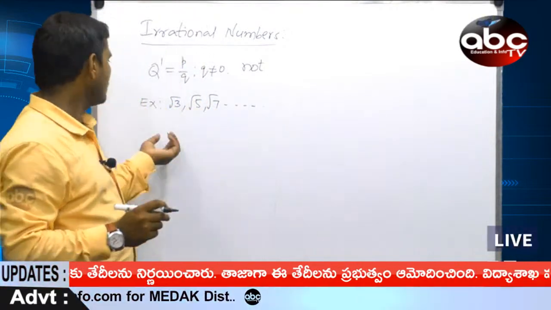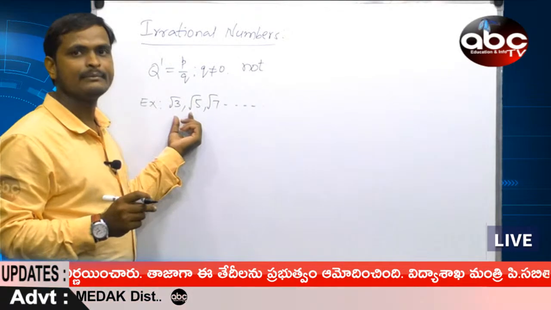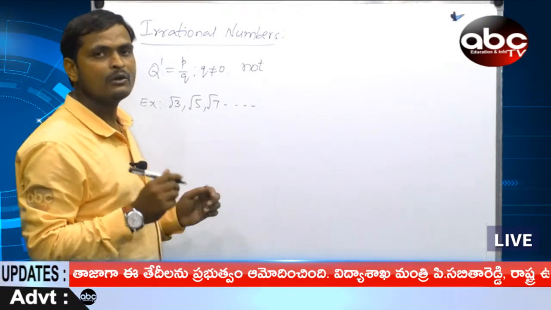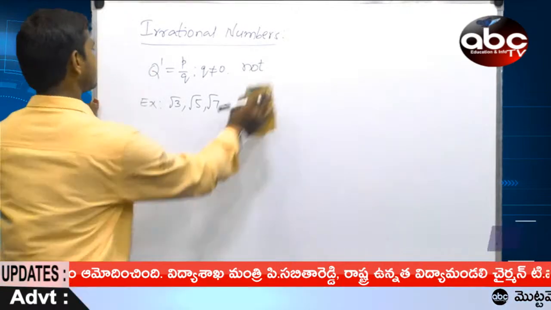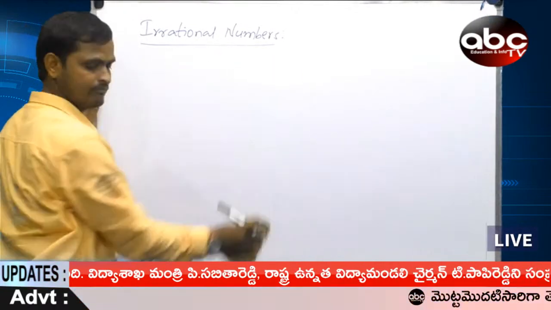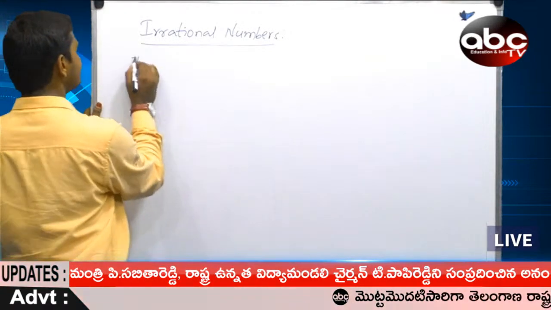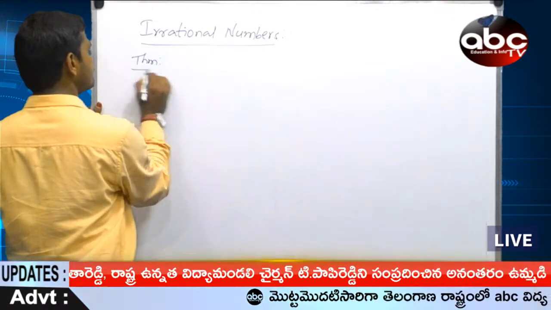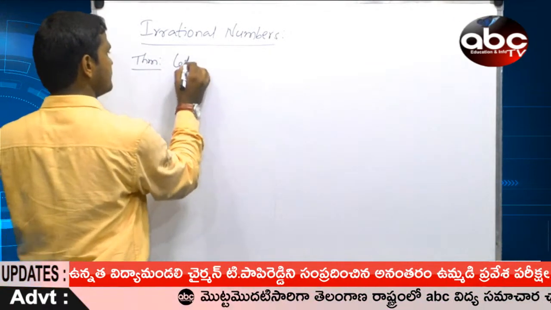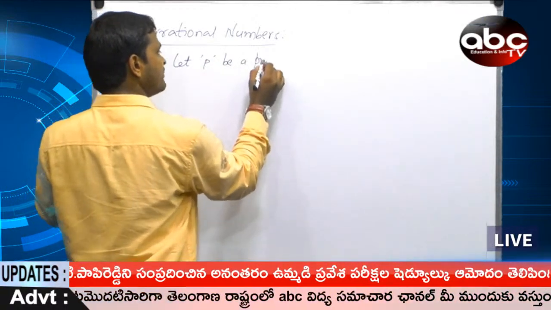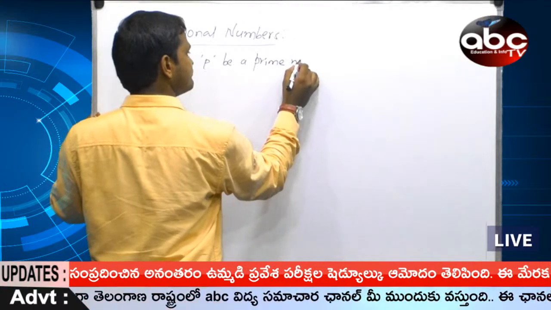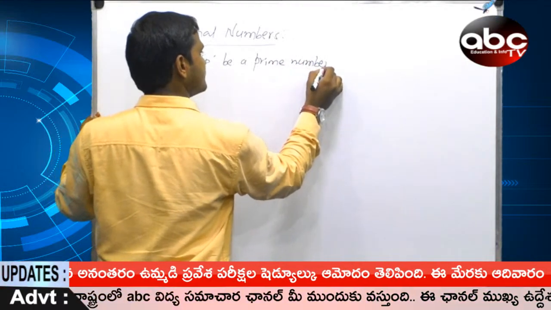Before going to prove an irrational number, we have one theorem. Look at the theorem, students. The theorem is: let p be a prime number or prime factor.